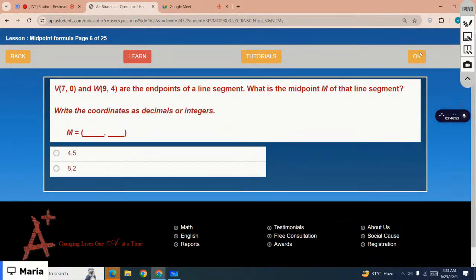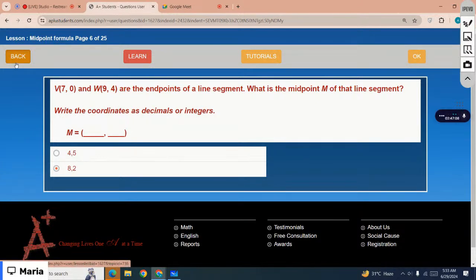The correct option is 8 and 2. Option number 2 is the correct option, right? Okay, you can complete the lesson by yourself later today. Let me just move on to the next lesson.